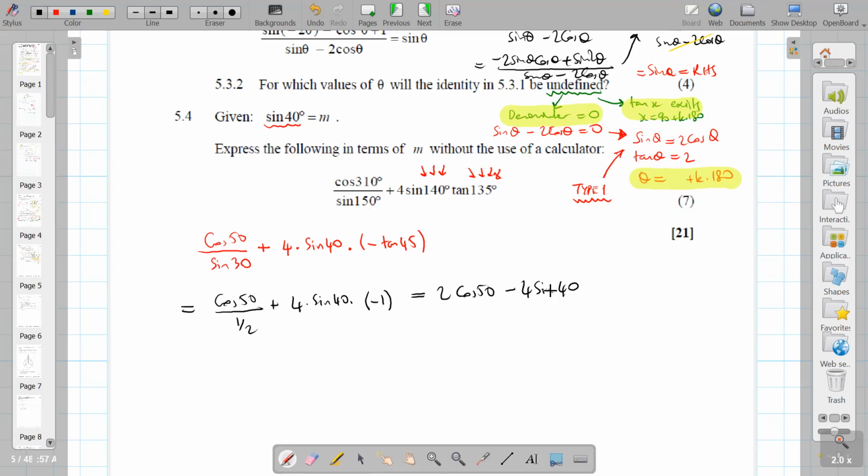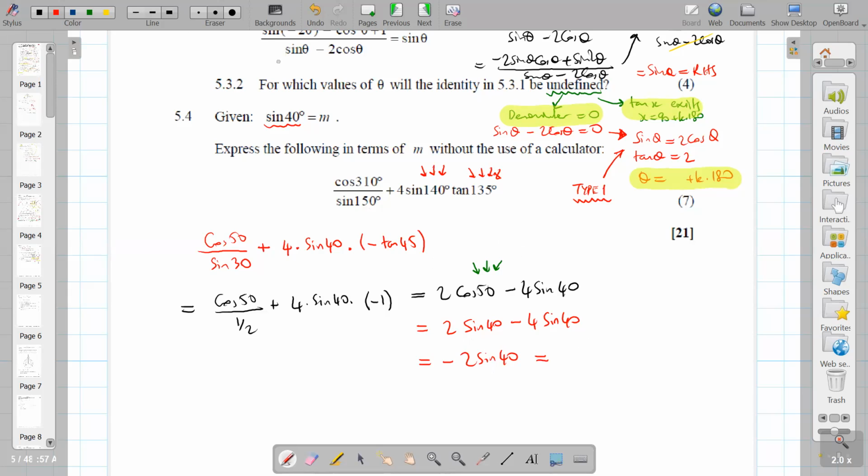It's not really bad because 50 is 90 minus 40, so it can be converted to sine 40. Instead of cos 50, I can write sine 40. So 2 sine 40 minus 4 sine 40 is negative 2 sine 40. The final answer is negative 2m.